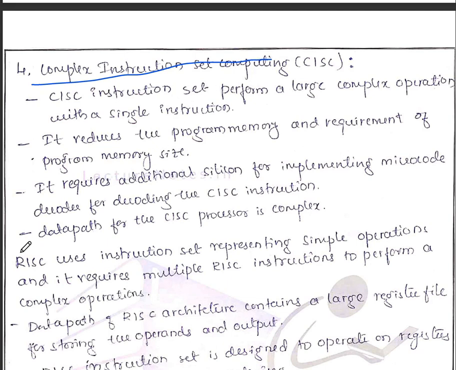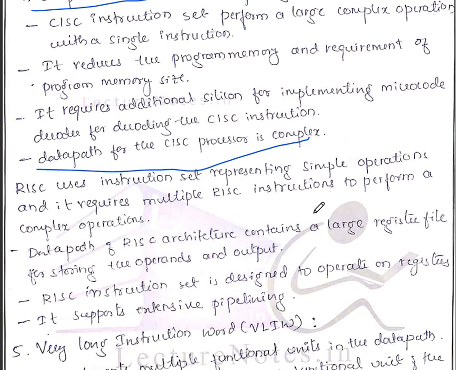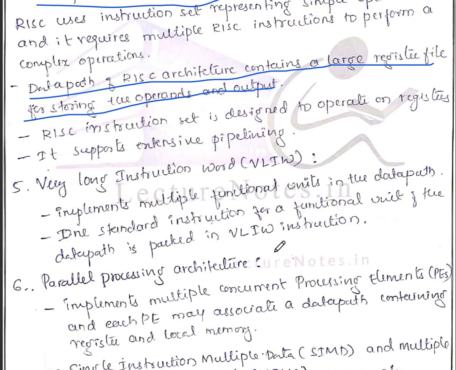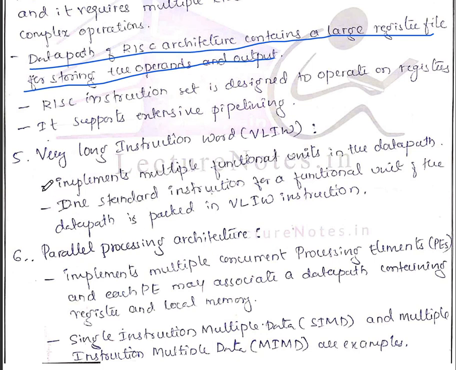Next one would be data path for CISC processor is very complex as it has multiple instructions in a single command. And data path of RISC architecture contains large register file for storing the operands and the output. And another type of instruction would be very long instruction word, also called as VLIW.